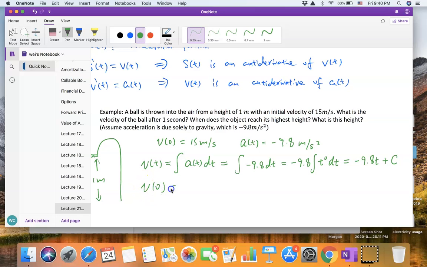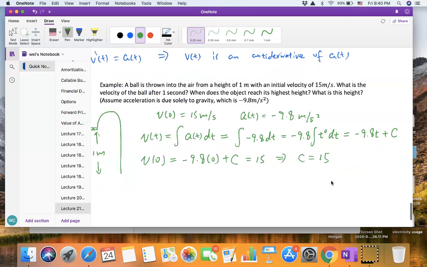So v of 0 equals negative 9.8 times 0 plus this constant, and this equals 15. Therefore, this constant c is 15. So now we have found the velocity function.